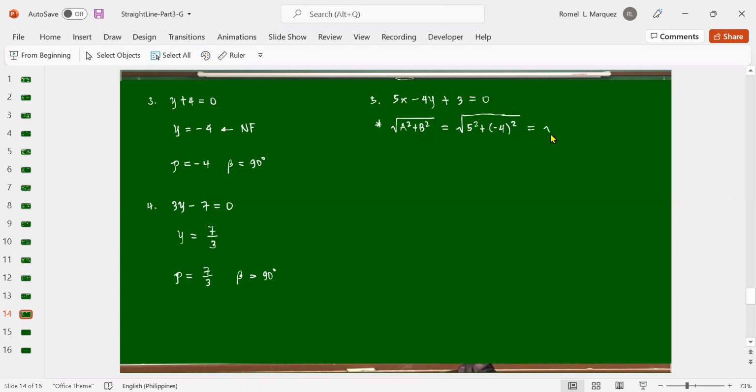And that is square root of 41, right? Okay. Then after that, we're going to divide this equation of the line by this radical.